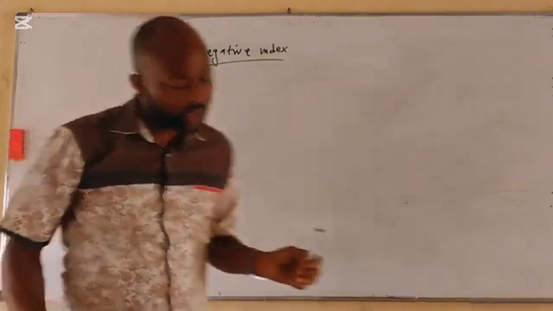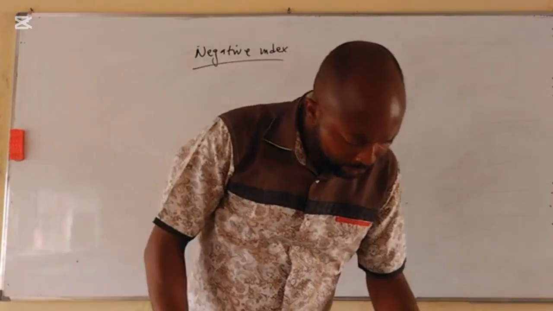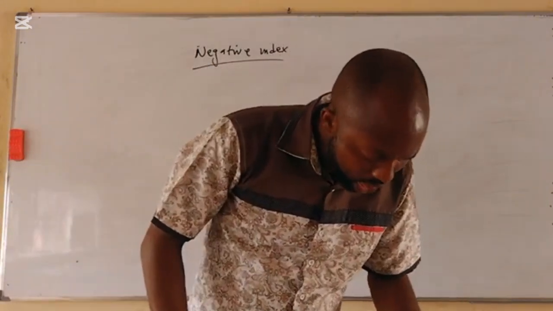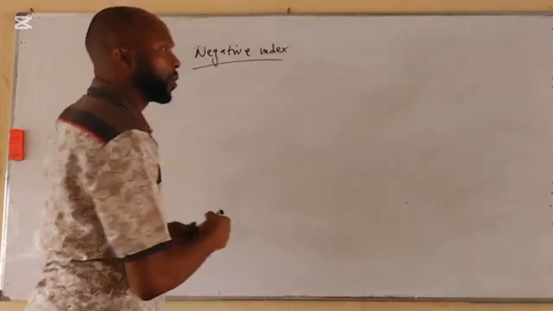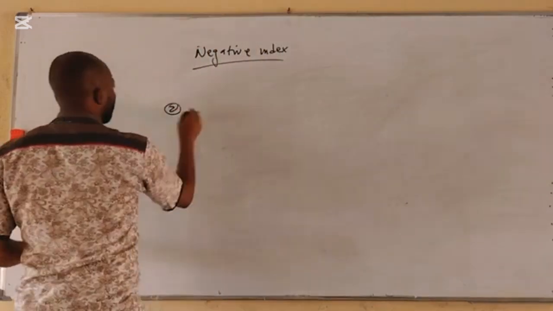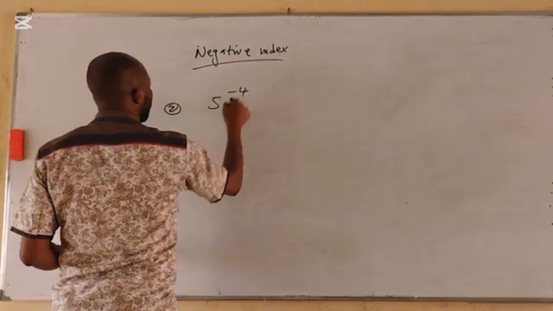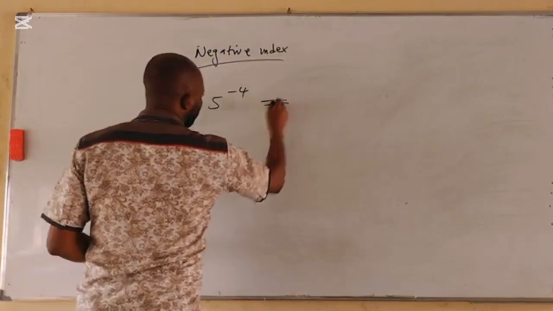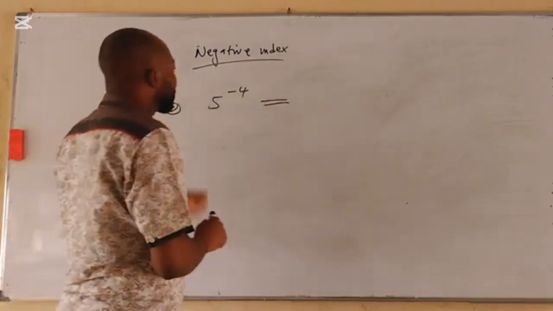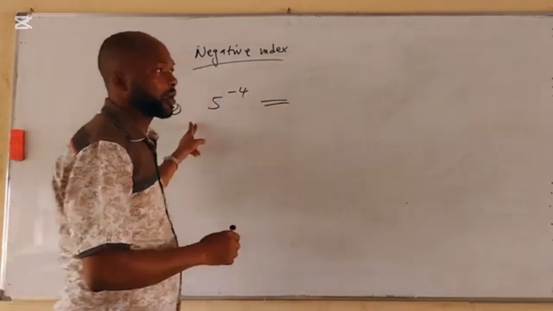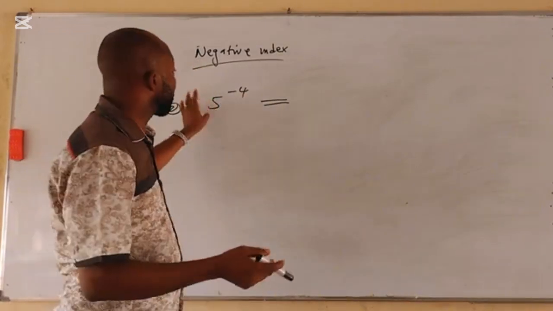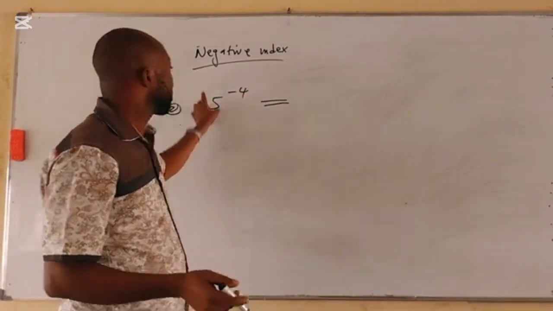Let's look at another one. Example 2: 5 raised to the power minus 4. This is equal to, when a number is raised to a negative index, it is equal to the reciprocal of that number raised to the same positive index.